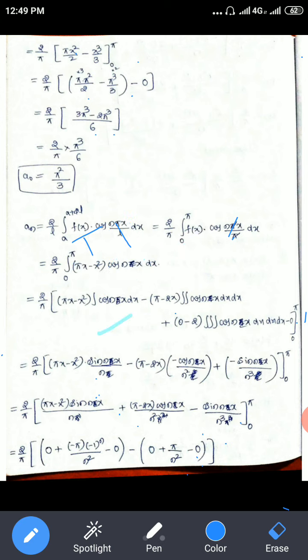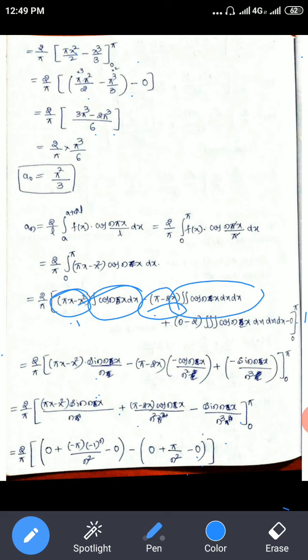First function into integration of the second, minus, alternating signs, differentiation of the first: pi x minus x square; differentiation of pi x is pi, differentiation of x square is 2x, double integration of this.